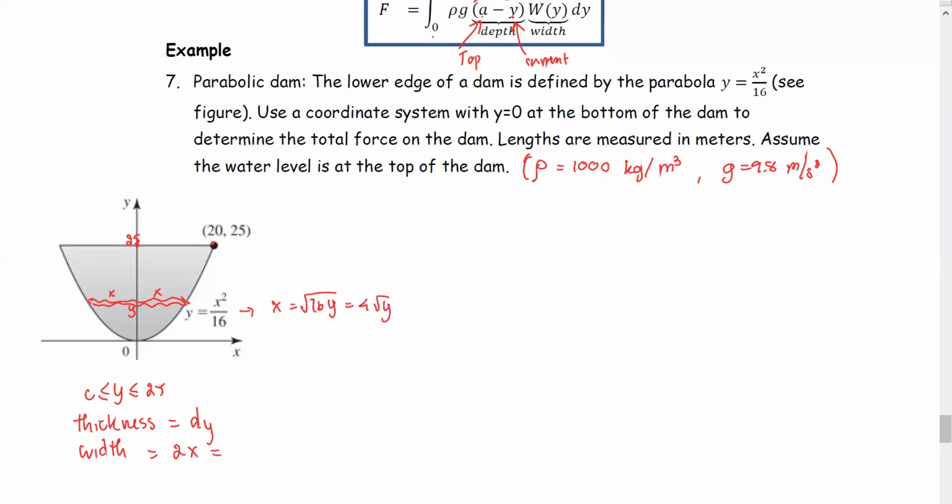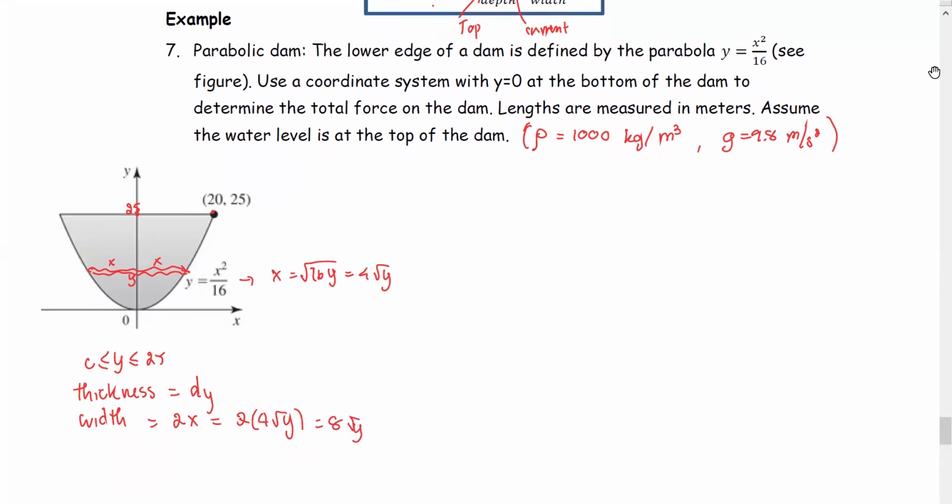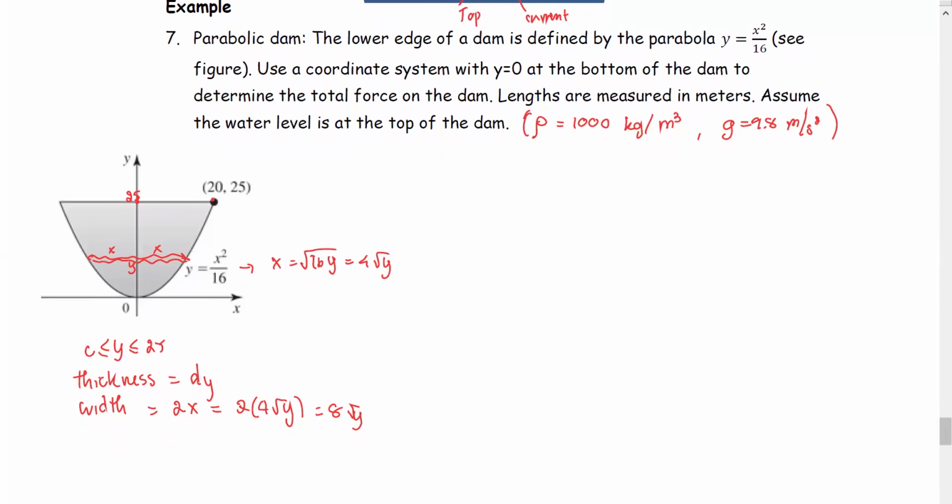That means the width is 2 times 4 square root y, or 8 times square root y. The depth is measured from the top of the dam, which is 25, to the current position, which is y.